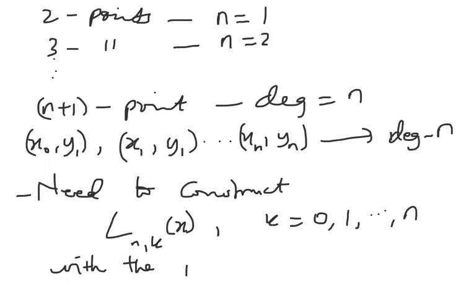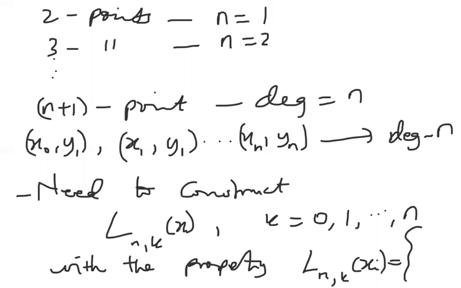L_nk(xi) should be equal to 1 if i is equal to k, and it should be equal to 0 if i is not equal to k. Right? So you should be able to construct that L_nk. The n there is just indicating the degree of the polynomial that we're going to get. And then k will just depend on those points that you are given.